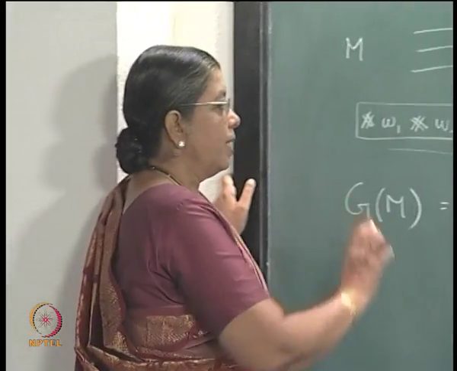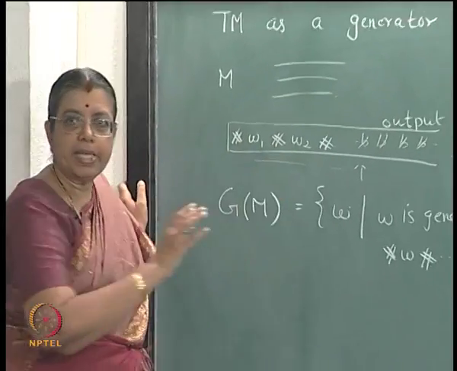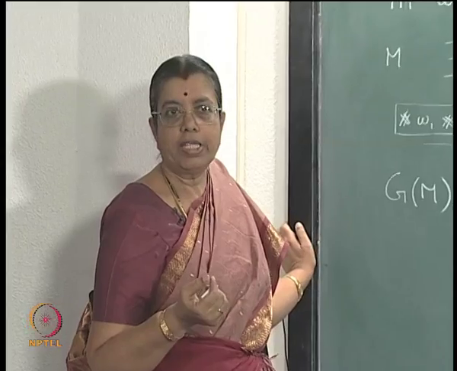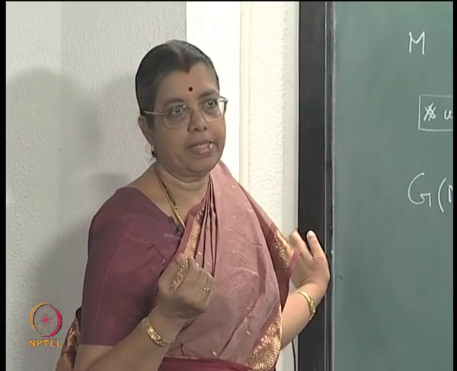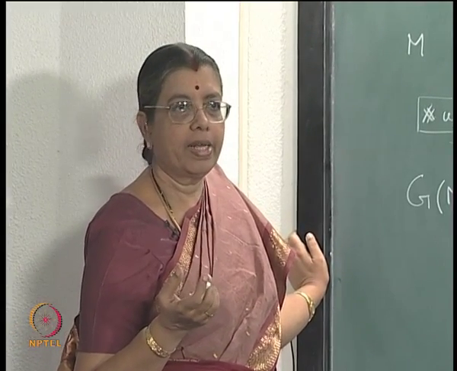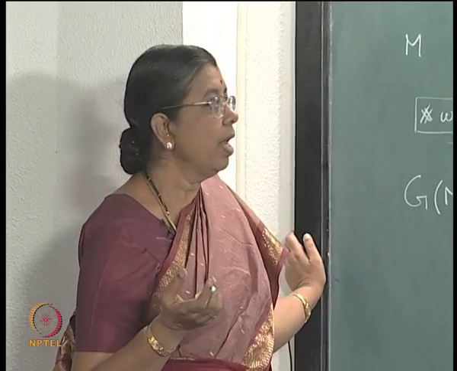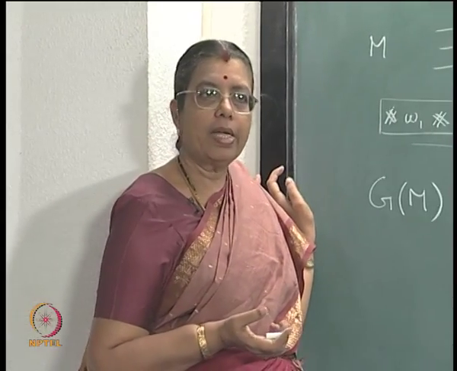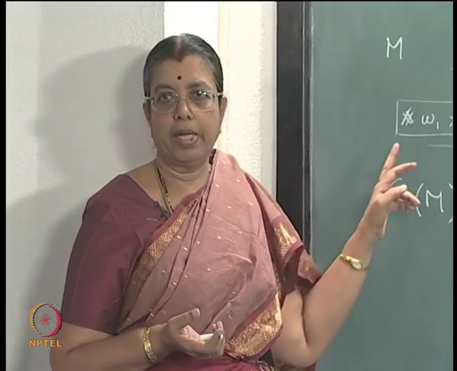Now, there is no necessity that the strings should be generated in any particular order. We know what is meant by a standard ordering on strings, lexicographic ordering on strings, all those things we know. It need not be in any particular order, and it is also not necessary that one string should be generated only once.